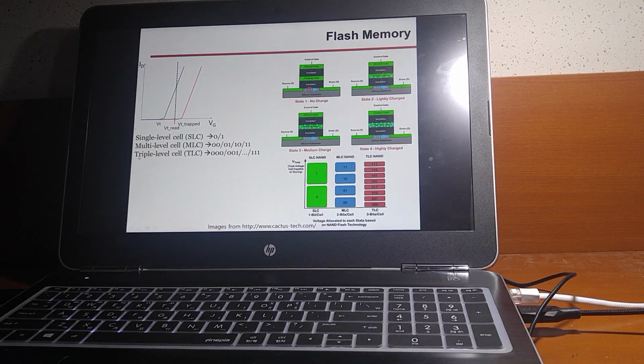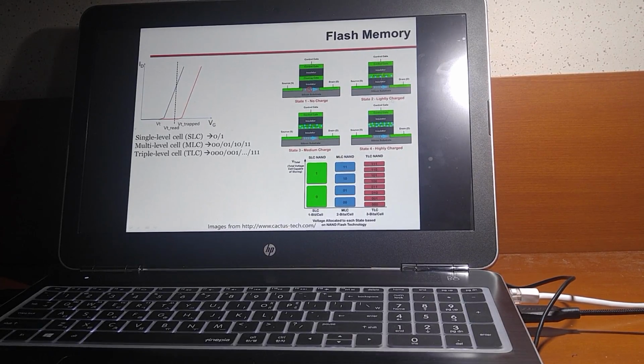And for triple level cell, which we also call TLC, it has 4 bit devices.